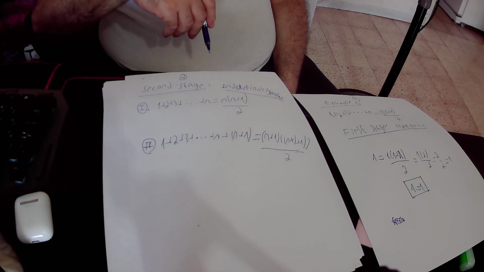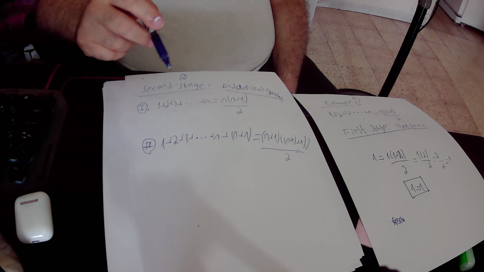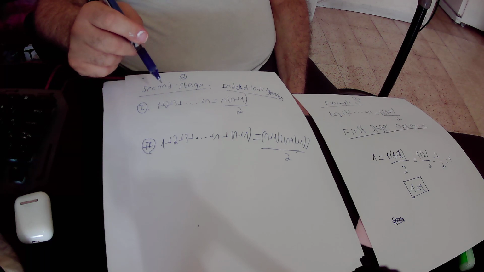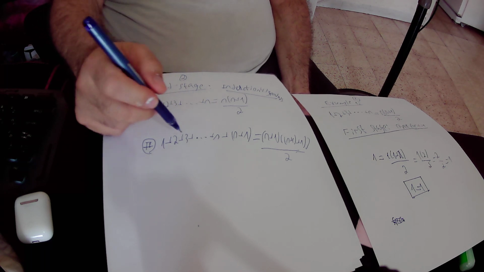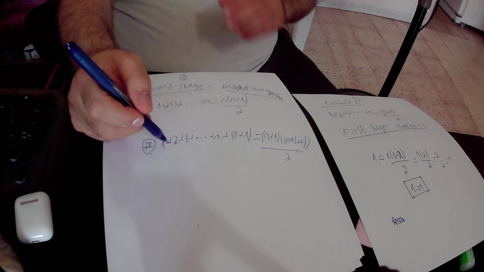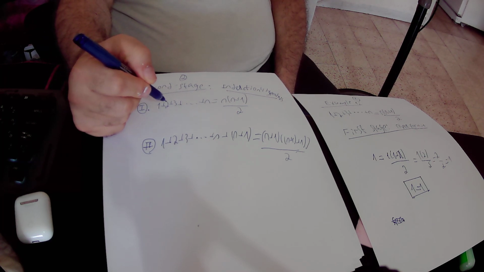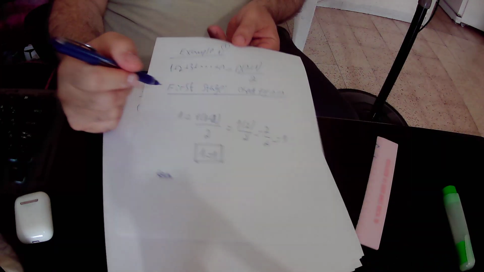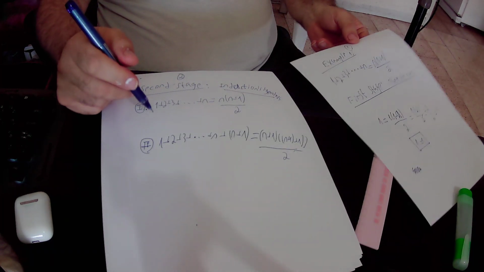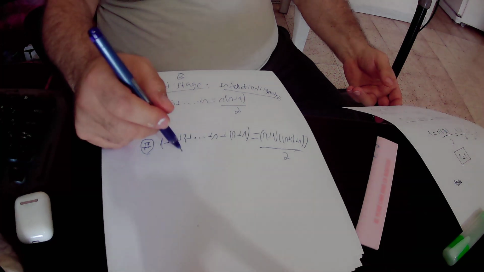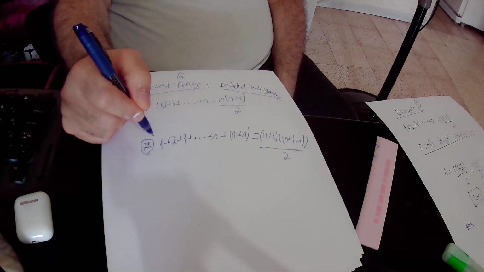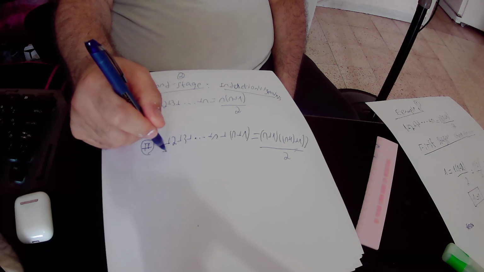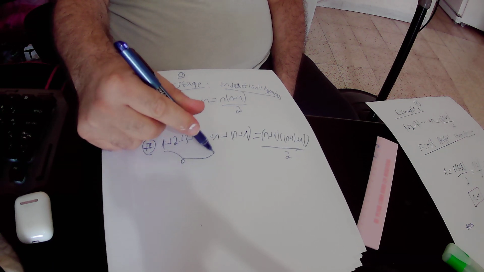Okay, so in order to prove that the second equation for n plus 1 is true, we actually will rely on our assumption that this statement is true for n. Okay, so if we look at the second equation that we have to prove, we should look at this expression.